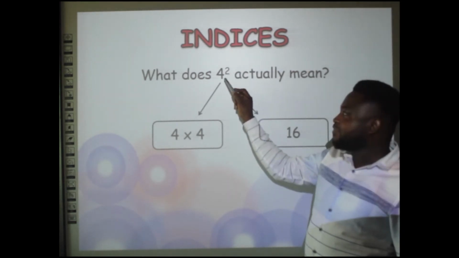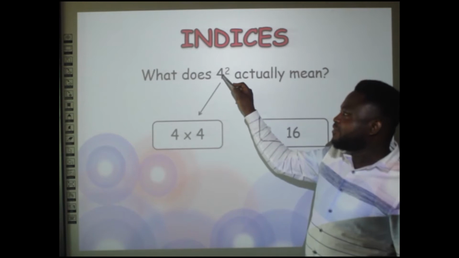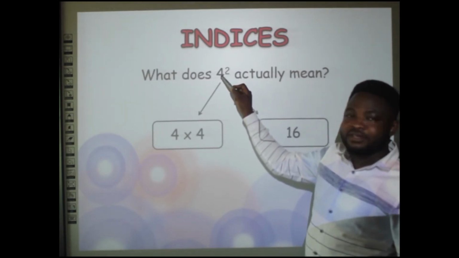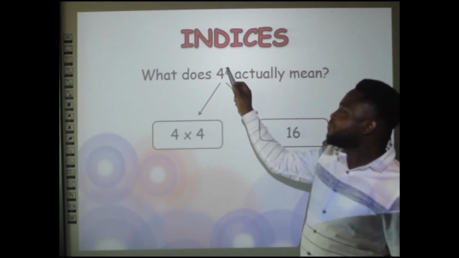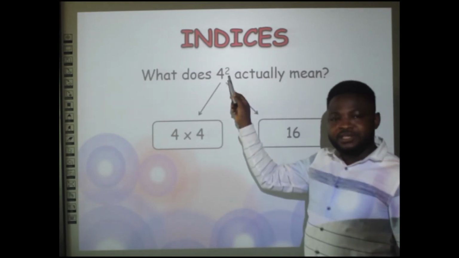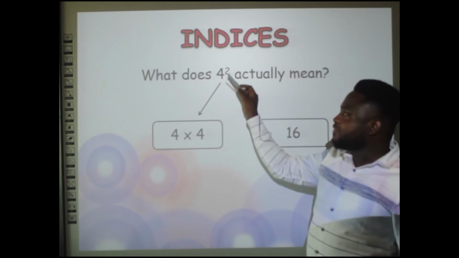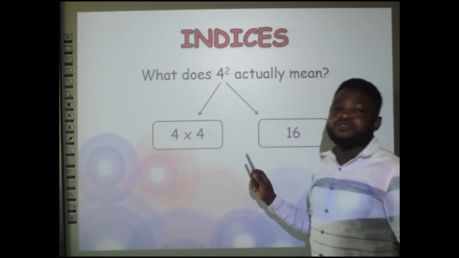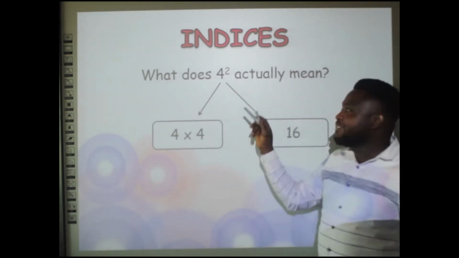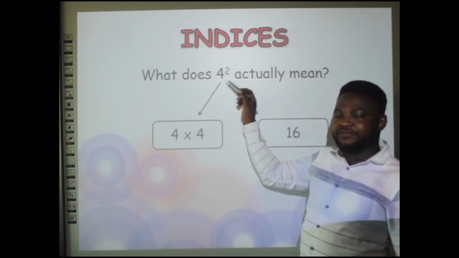This 2 is the number of times you repeated the base. The index implies repeated multiplication.